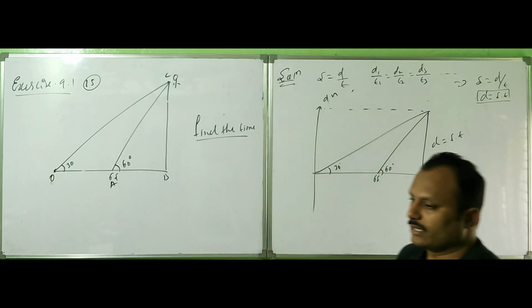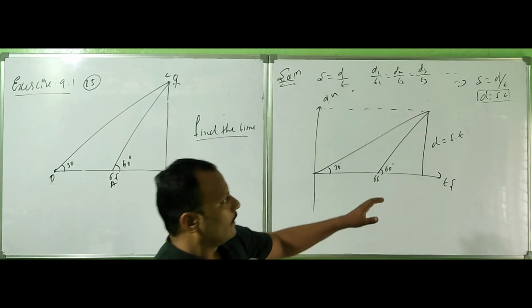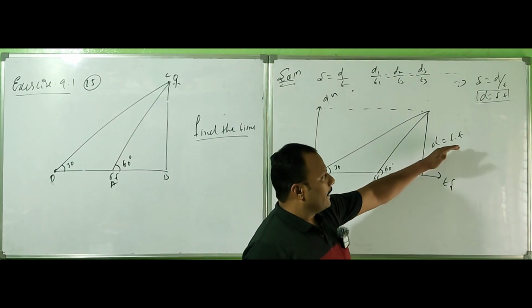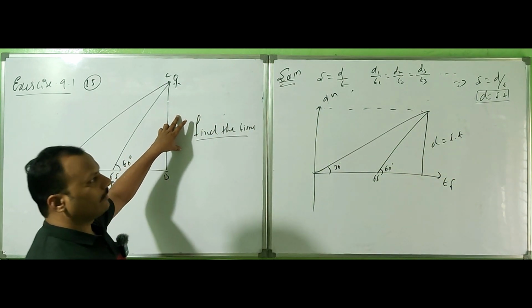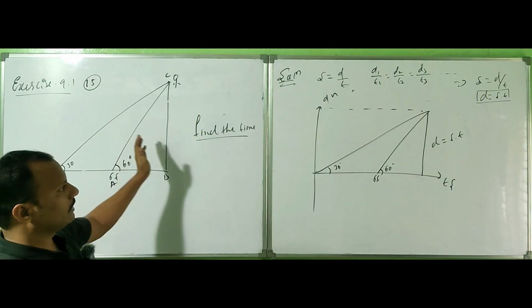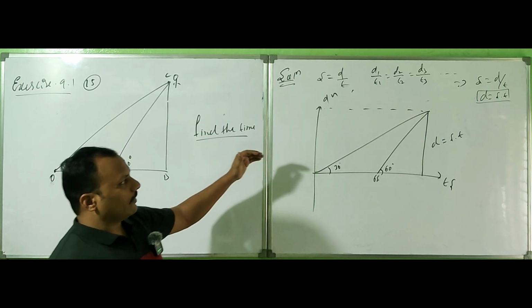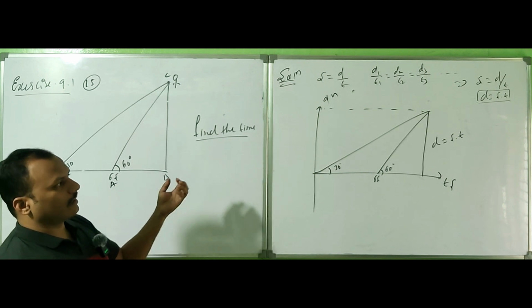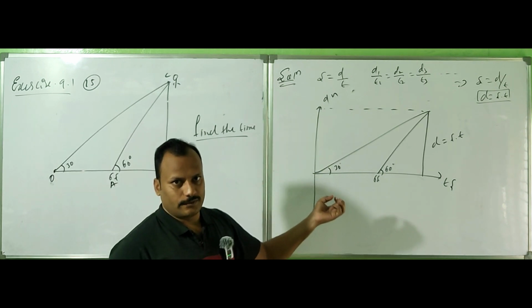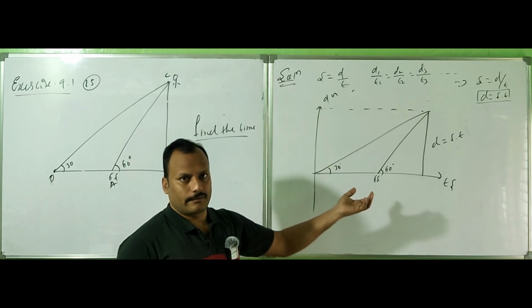Very important here. The height is the height of the tower. The car is moving with a velocity, so the distance varies with respect to speed.